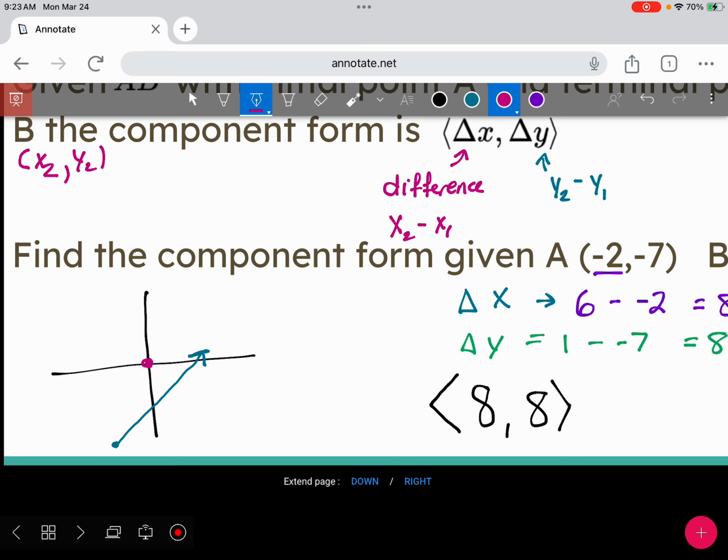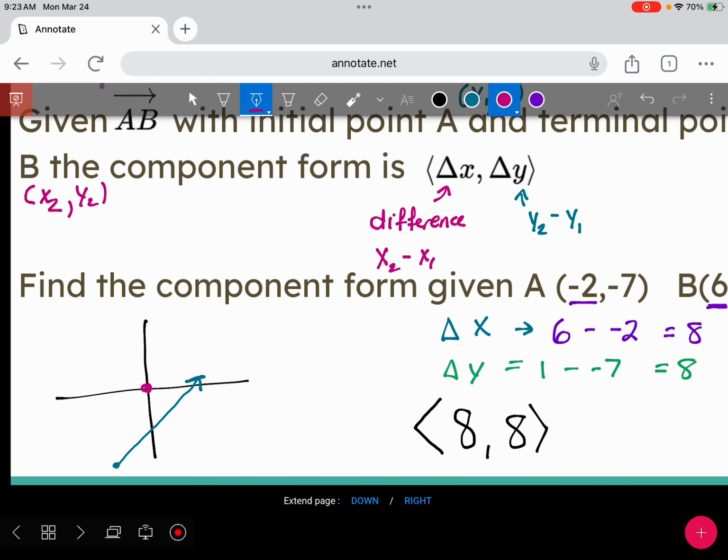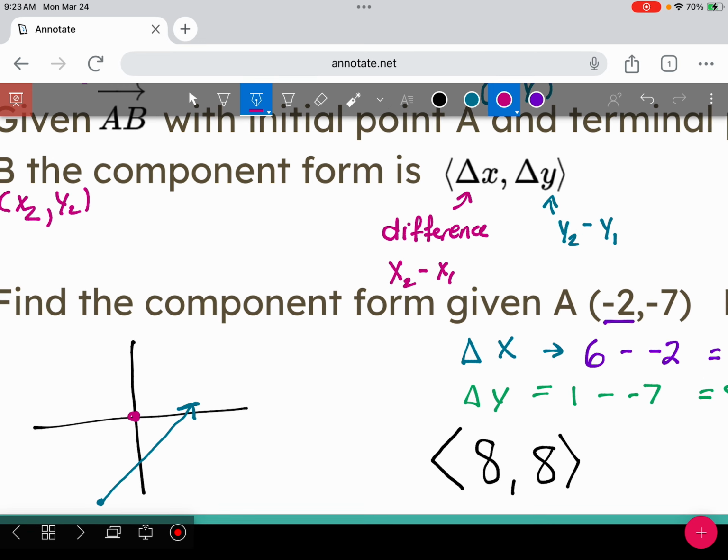If I wanted to start at the origin, and I wanted this thing to get to its initial position, the terminal point would be at 8, 8. So if I'm resetting this to be at its home spot, back to the origin, that standard position, its terminal point would be at 8, 8.